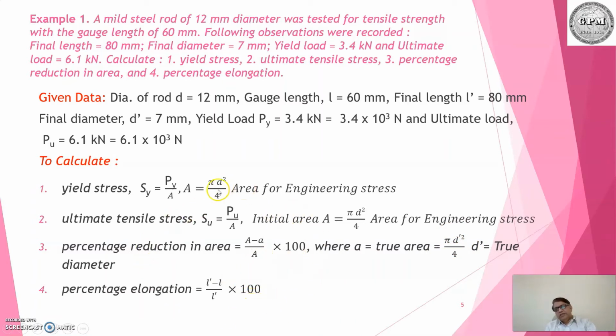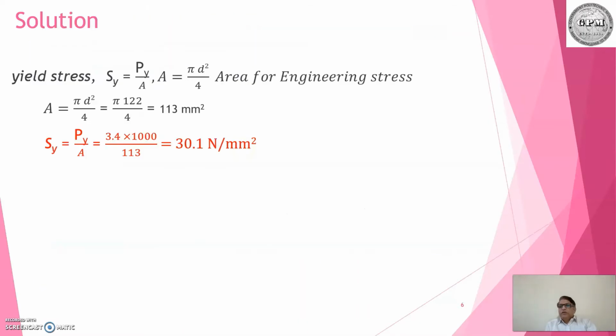So if you know these things, the problem is over. Writing the given data and the calculation covers almost 50% of the solution. It means the examiner will not give 50 marks for that, but this is the importance. So in the solution, yield stress Sy is equal to this, and then put in the dimensions. If you know, practice those calculations.